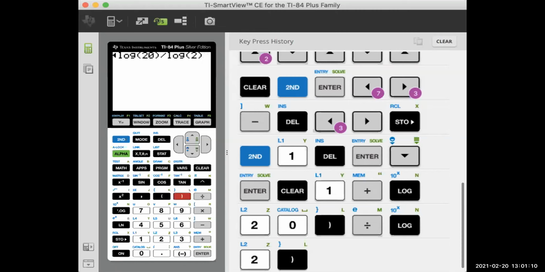You're calculating 1 plus log n, which is 20, divided by log 2. Oh, I see someone got it. 2.82.